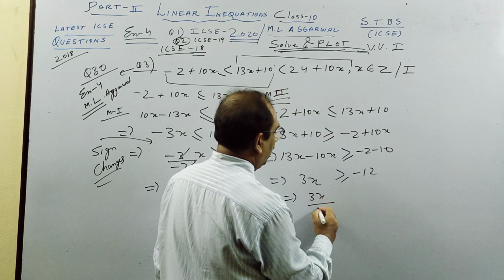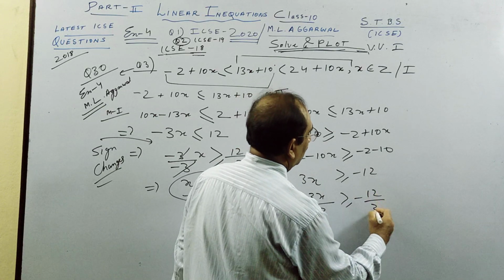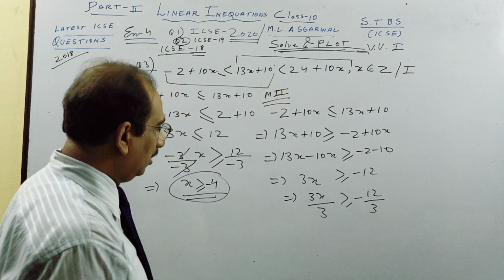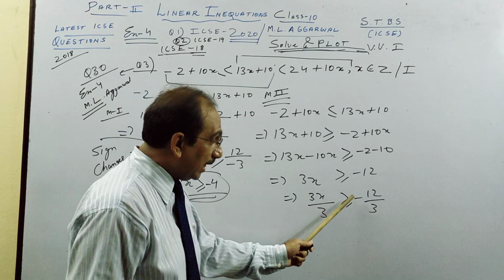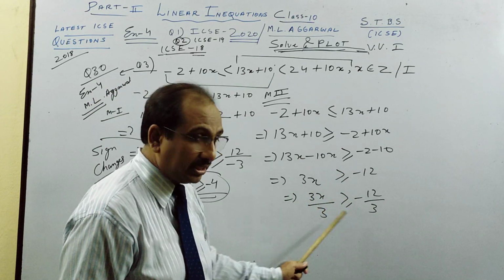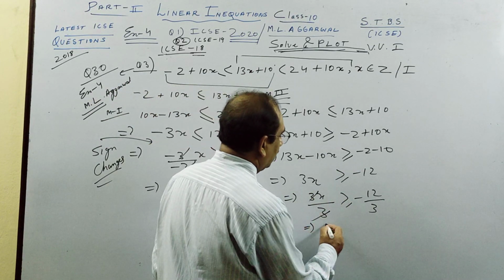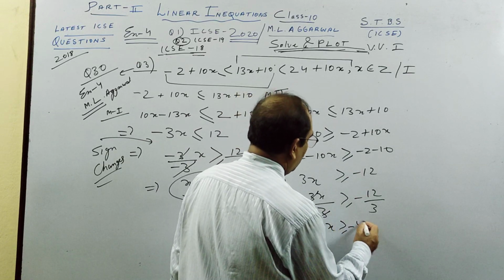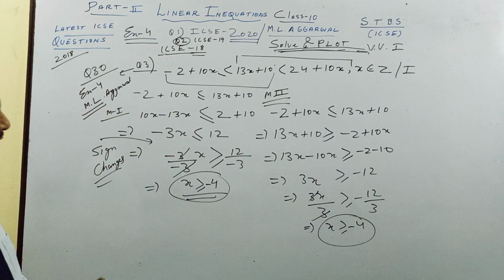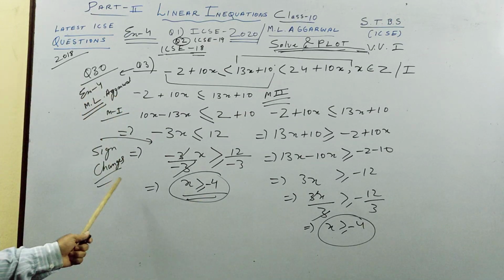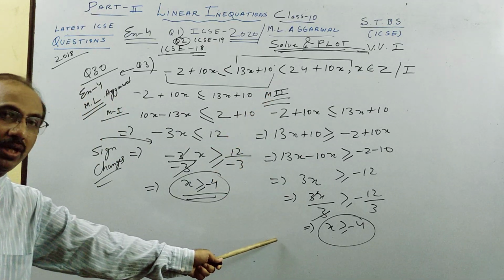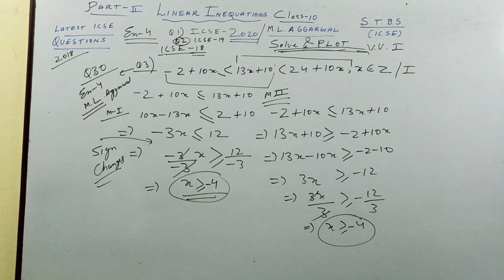So we divide by 3, children. We divide by 3 and the sign does not change because this is positive. So this cancels, you get x is greater than or equal to minus 4. So same thing we get. Please pause the video, copy both, because I am going to rub this and show you the second solving. So please pause, copy, and we go to the next part of the sum.